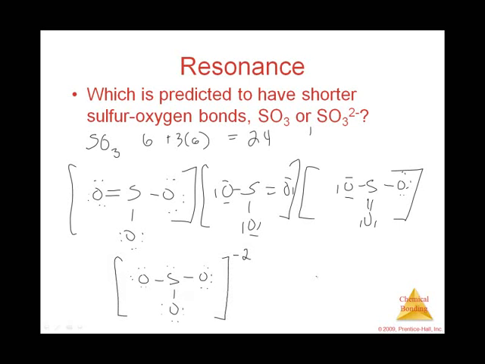If I have a single, a double, and a triple bond, the triple bond is going to pull those atoms the closest together because I have greater electron density pulling on that. If I have a single bond, it's going to be like that.